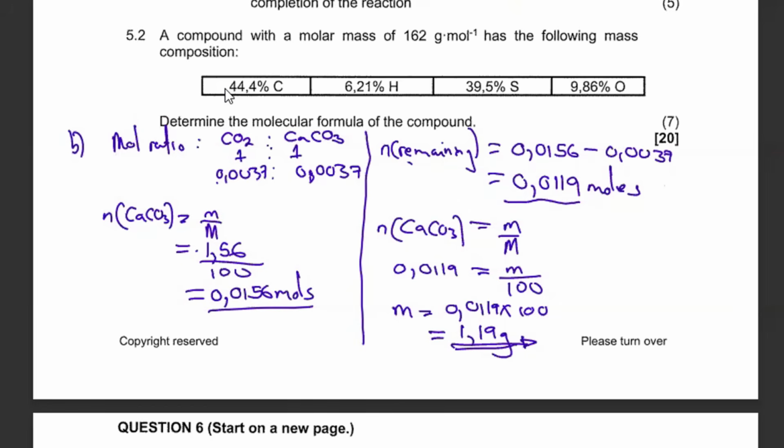We're asked to determine the molecular formula of this compound. We have carbon, 44.4%, hydrogen, 6.21%, sulfur, 39.5%, and the last one, oxygen, 9.86%.